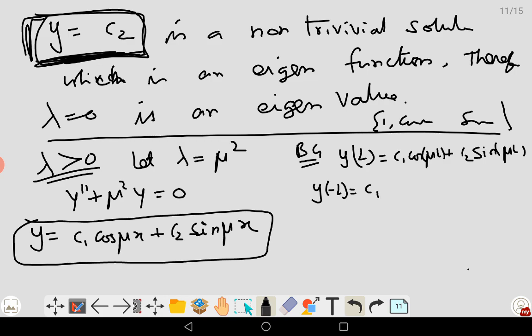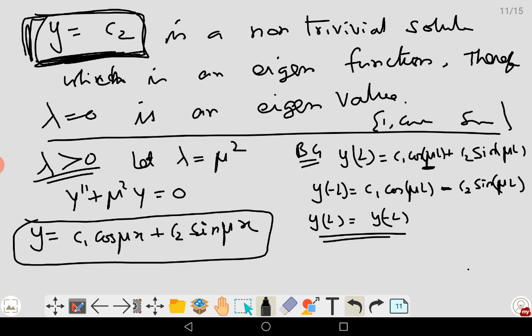Similarly, y of negative L. C1 cosine is an even function. Negative inside will not be troublesome. C1 cosine mu L. But sine is an odd function. Negative comes outside. C2 sine mu L. Now equate them. First, y of L should be equal to y of minus L for boundary condition 1.